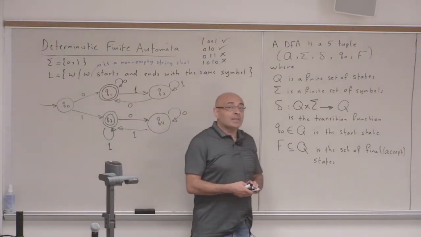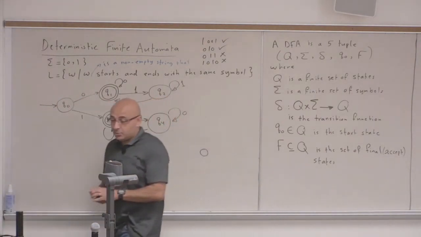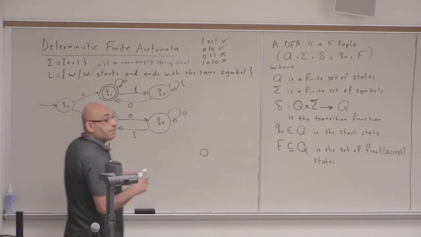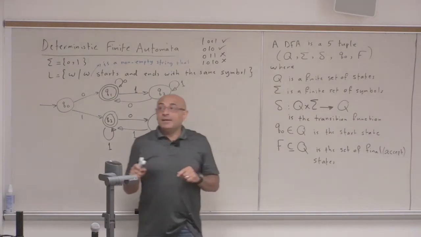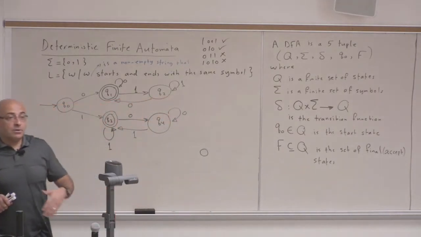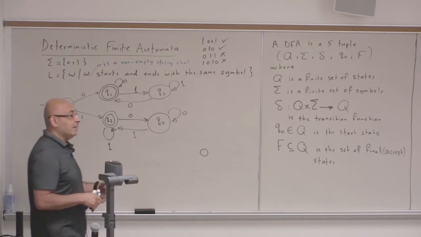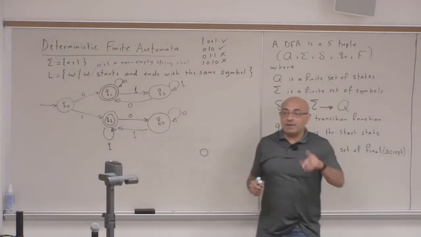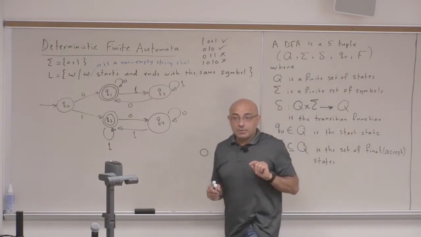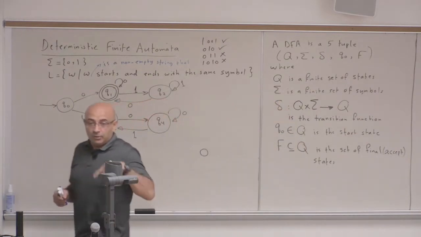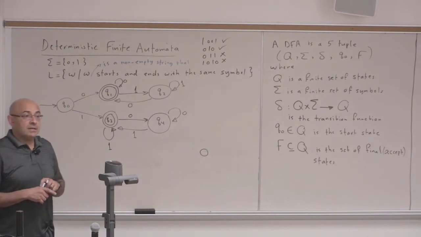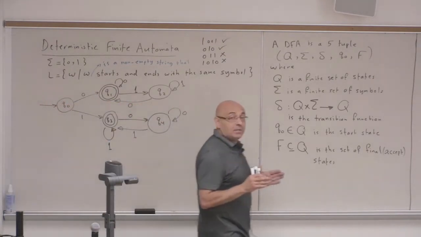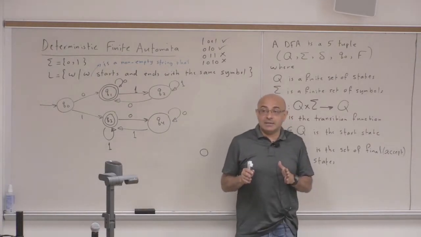Okay? It's always a good idea, whenever you design a DFA, to think about the corner cases, those trivial special cases, like what will happen if it's the null string, or if I have only one symbol. You want to make sure that your DFA handles these cases correctly.